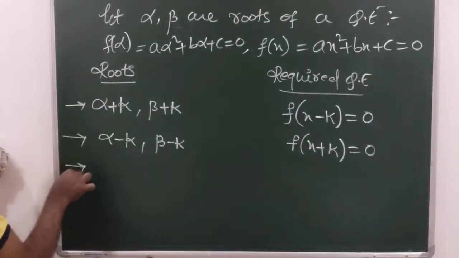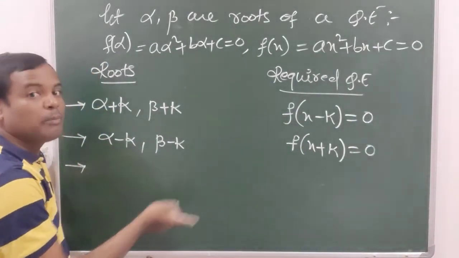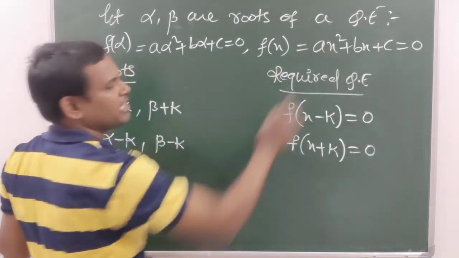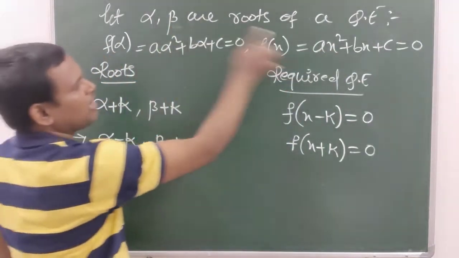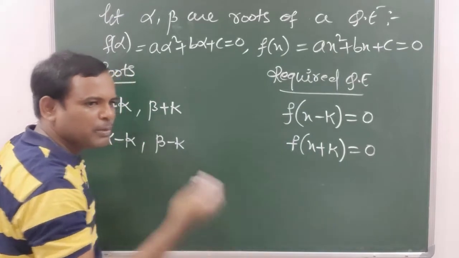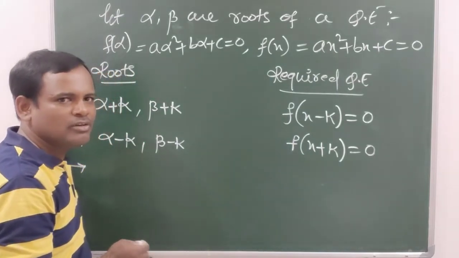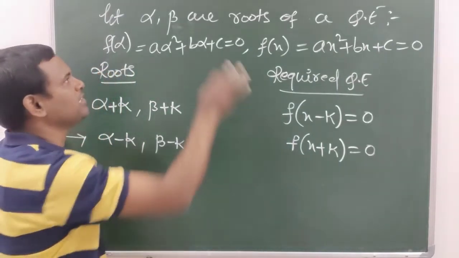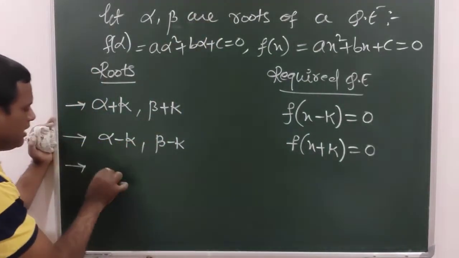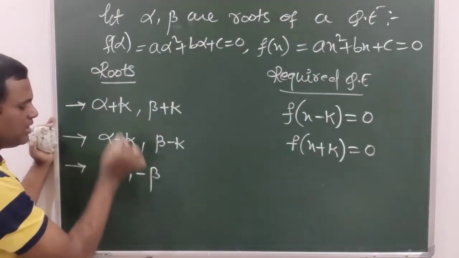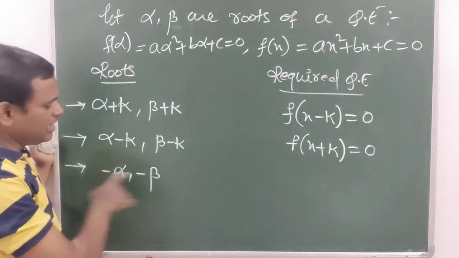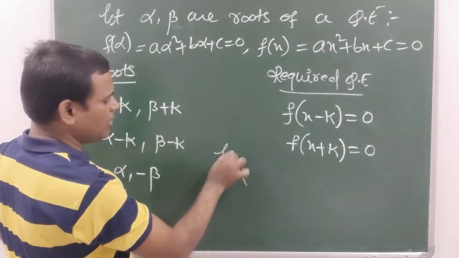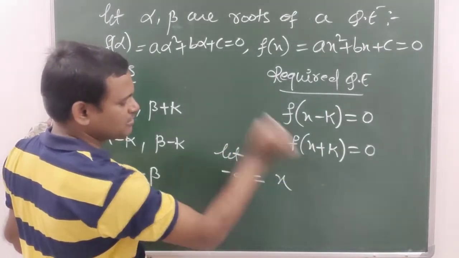The next one, when the roots are opposite signs of the roots of this quadratic equation, whose roots are alpha and beta. Now we have to determine a quadratic equation whose roots are opposite signs of this, means here minus alpha, minus beta. Then what do we do? Take any one of the roots, alpha, as x.